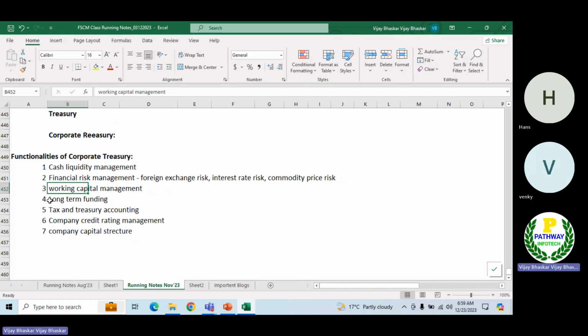Now, long-term funding. Option number 4 would be this activity. Most organizations don't have their own funds. Even in India, we have Tata, Reliance, Mahindra and Mahindra, and n number of business entities.